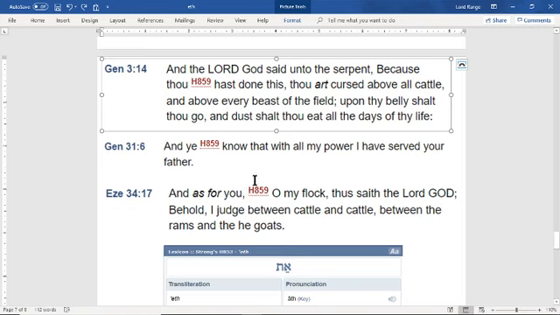Now, this might be extremely confusing to a lot of people because you go, what do you mean Christ's name in Hebrew means you? Well, you means God crucified and resurrected.